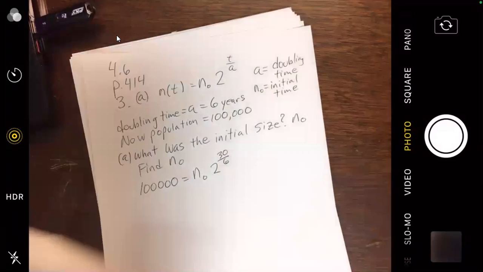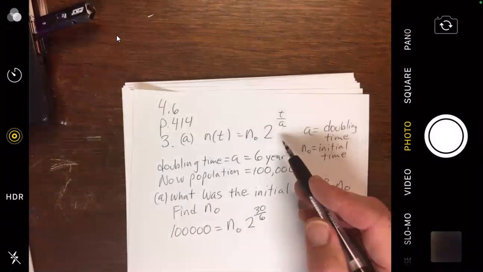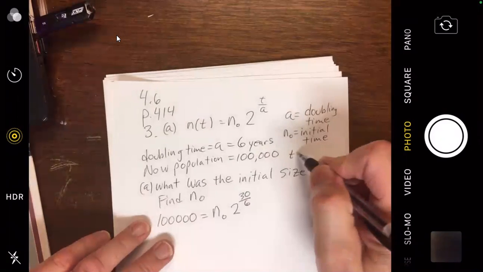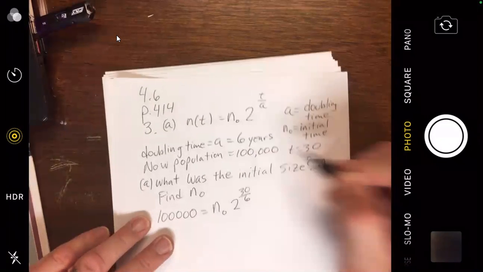Well, 30 years ago it was introduced, so presumably 30 years later, your population's 100,000. So t equals 30, and your population's 100,000.